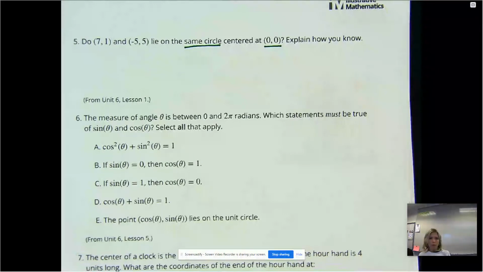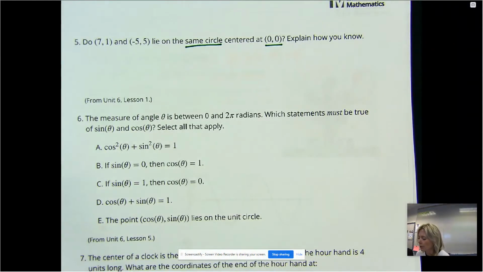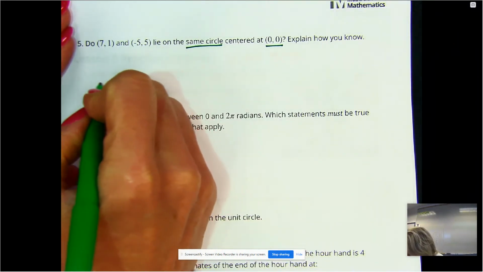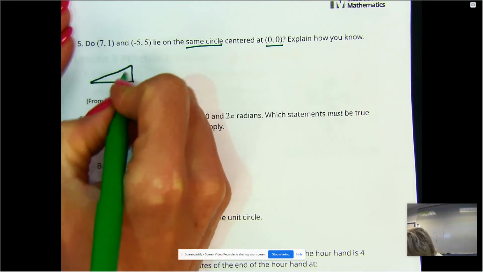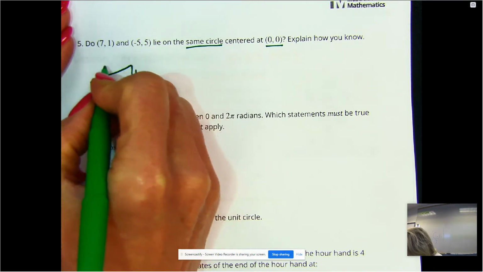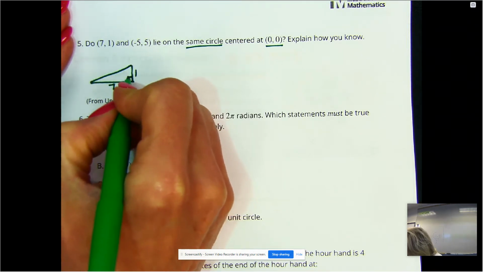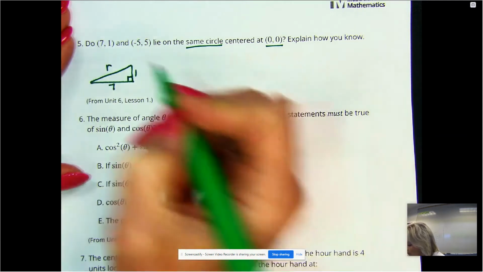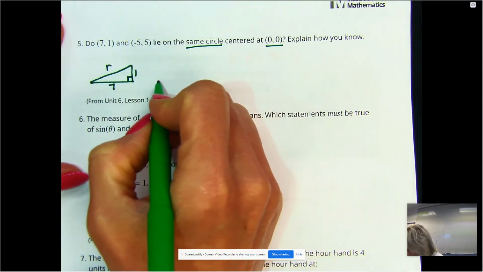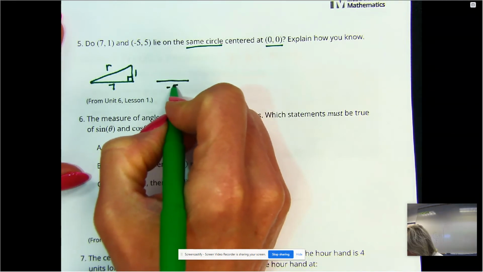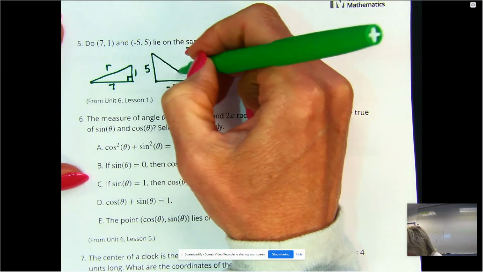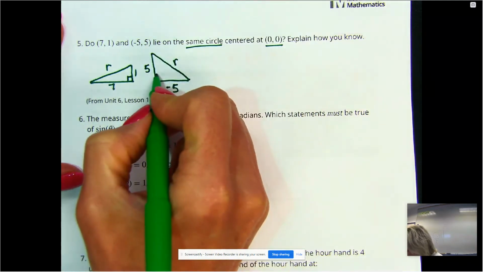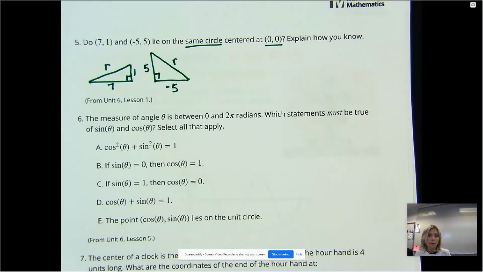If they lie on the same circle centered at (0, 0), then I should be able to come up with, where this is 7 and this is 1, and this is, let's say, r for the radius of the circle for the first one, and then for the second one, this is -5, this is 5, and this should be the same radius r. So if I can get those values to be the same, then I can say yes. If they're not the same, then I would say no.